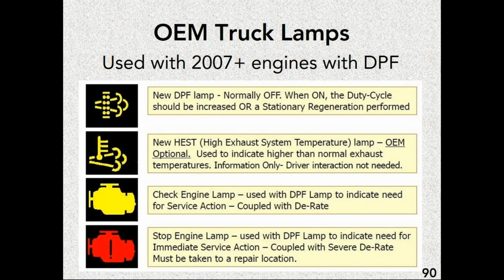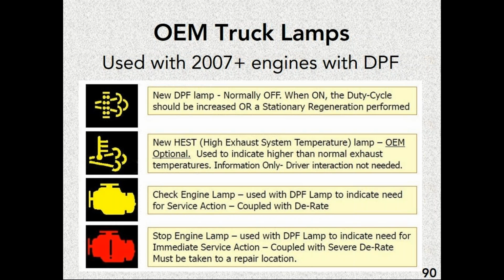Normally it's off. When it comes on, you need a regeneration, whether you increase the duty cycle or do some stationary regeneration. The other light that will come on is something called the new HEST, or high exhaust system temperature lamp. This is not on all 2007 trucks because it's not as necessary, but when the filter is going through a regeneration, it will raise the exhaust temperatures.